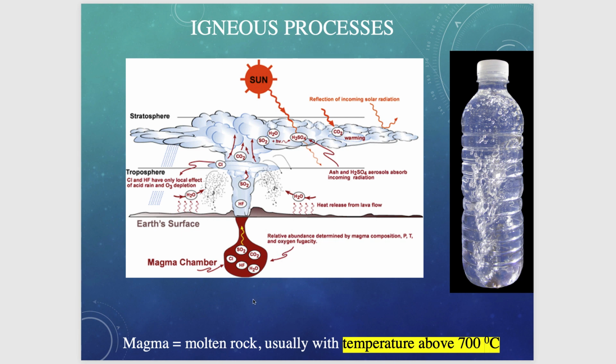We will see when we talk about kimberlites or hot spots that magma can come from really deep in the mantle, several hundred kilometers in towards the core of our planet.